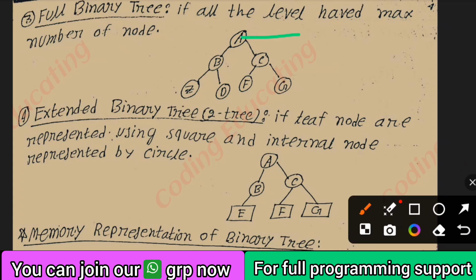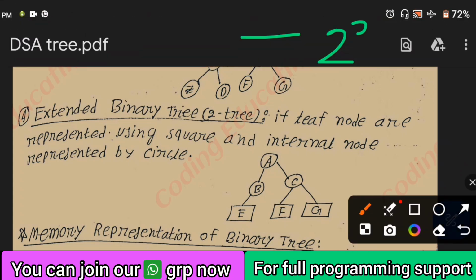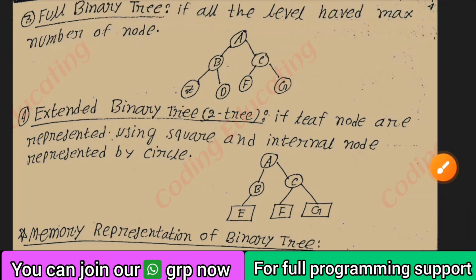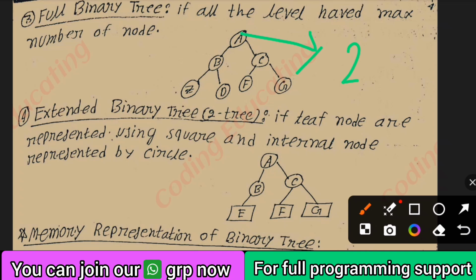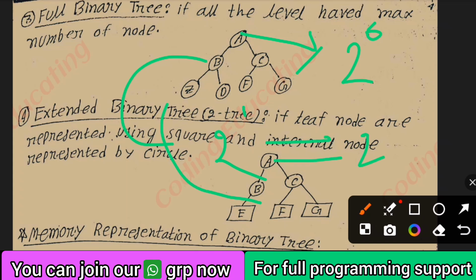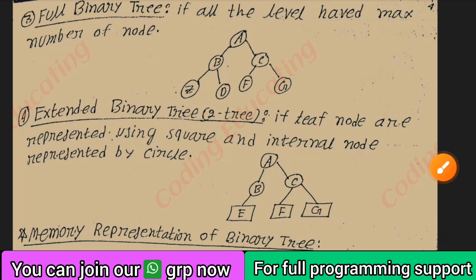Because in level 0 we have 2 to the power 0. And B and C are 2 to the power 1, equal to 2, and this is 2 to the power 2, this is 4.